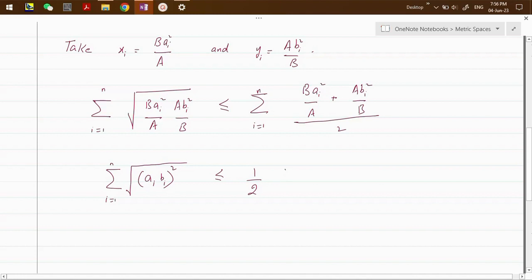So this constant is taken out and we get inside here summation i from 1 to n of b ai square over a plus a bi square over b.